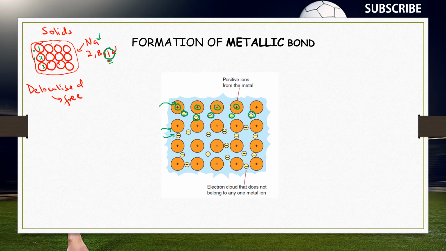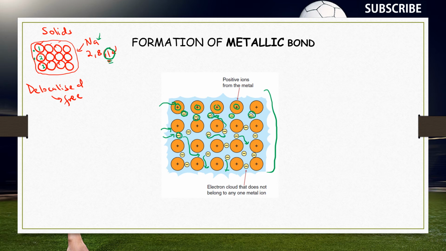The positively charged ion is also not attached to only 1 electron, but this electron is free to move around just like the others. So all these negatively charged electrons you see here are free to move around within this structure of the metal or within these other atoms.